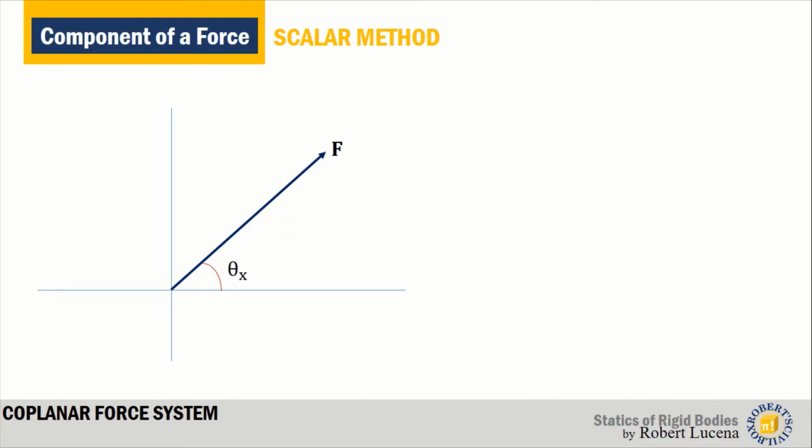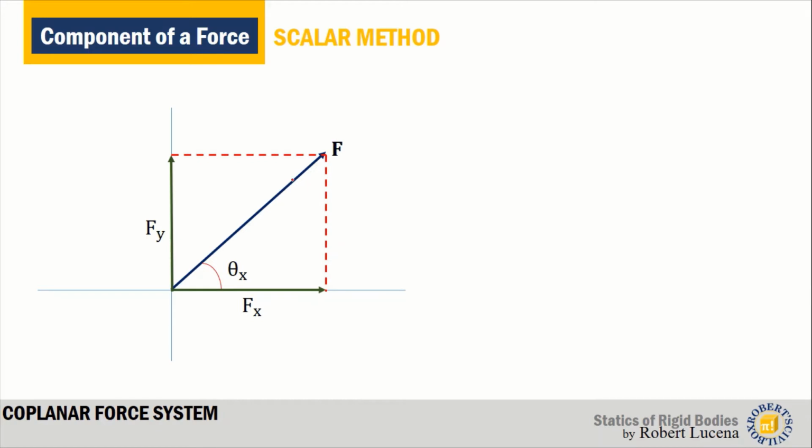A force vector has a direction, often represented by direction cosines. The direction cosine about the x-axis is theta x. So we have vector F in the first quadrant and its direction angle as theta x. It has two components, so F could be represented by Fy and Fx.